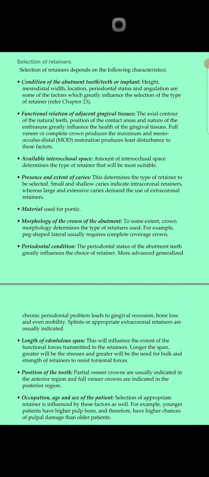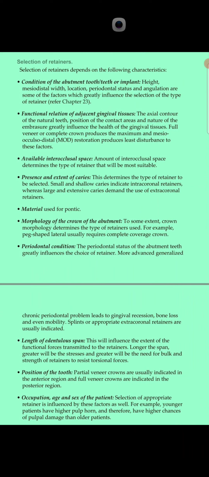Number one, condition of the abutment tooth, teeth or implant. The first factor which affects the selection of retainer is the condition of the abutment tooth, teeth or implant. In this, height, mesiodistal width, location, periodontal status, and angulation are some of the factors which greatly influence the selection of the type of retainer.